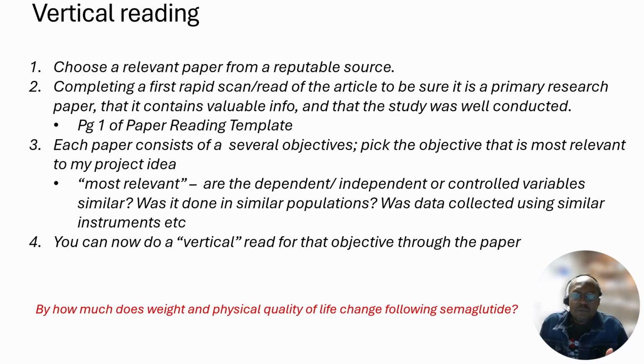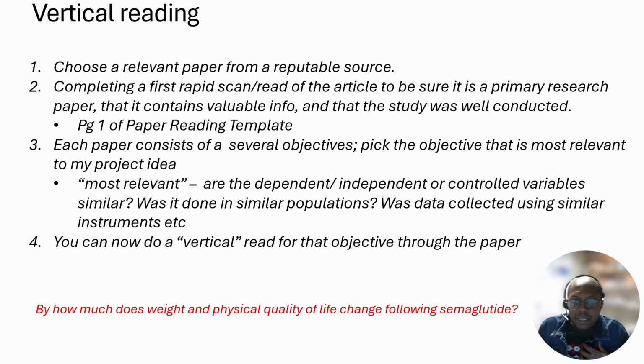What determines relevance? Well, is your idea on the same dependent variable in the paper? Is your explanatory variable similar to the independent variable in the paper? Let's say my own topic is how much Ozempic influences your weight and physical quality of life.